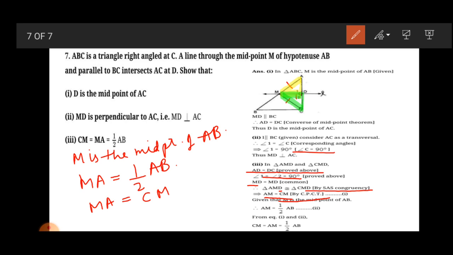We have proved this. So by combining these two equations, we can conclude that CM is equal to MA is equal to half of AB. Hence proved.